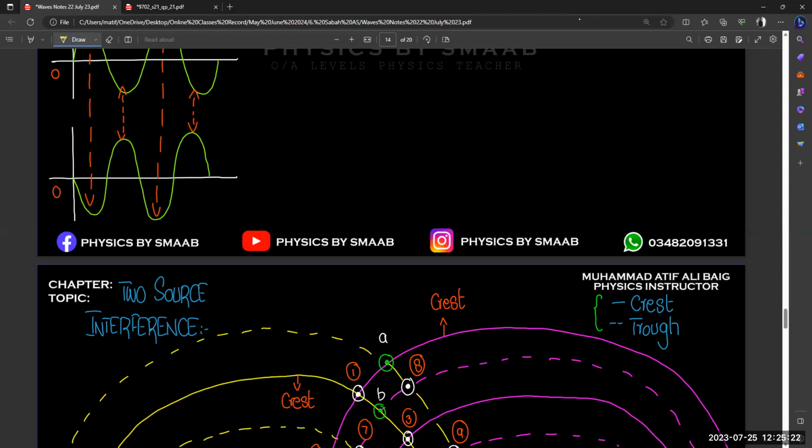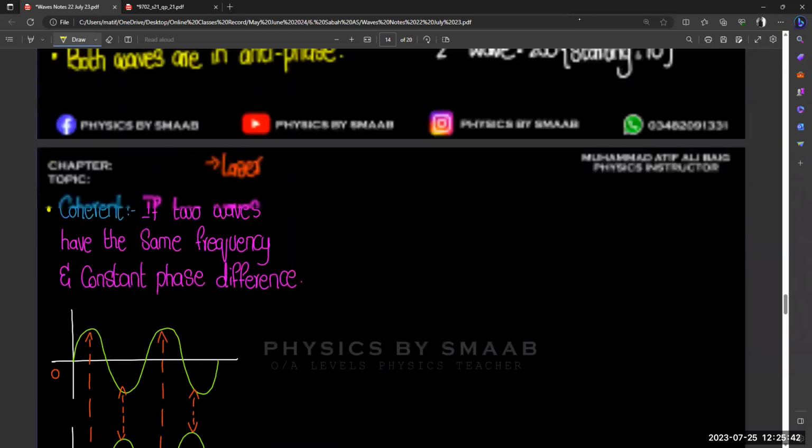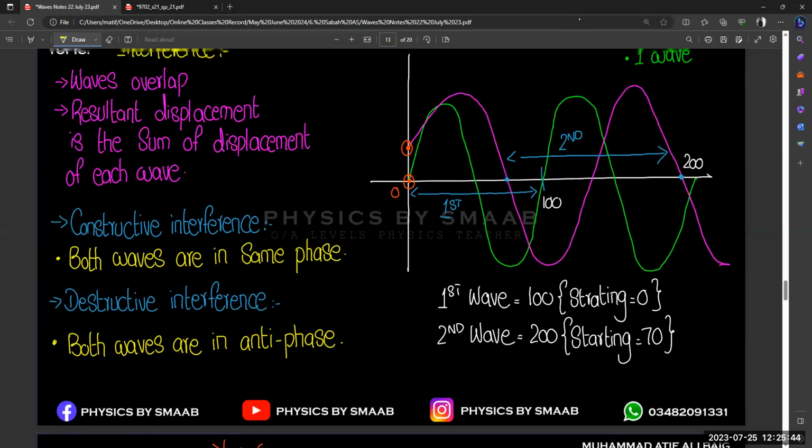Because in practical, we use sodium light. Sodium light is also a monochromatic light. So we are not using laser in laboratories, we use sodium light, and with the help of that experiment, we find out the actual wavelength of sodium. So I will also show you that.